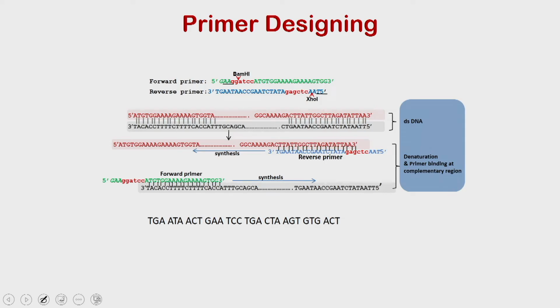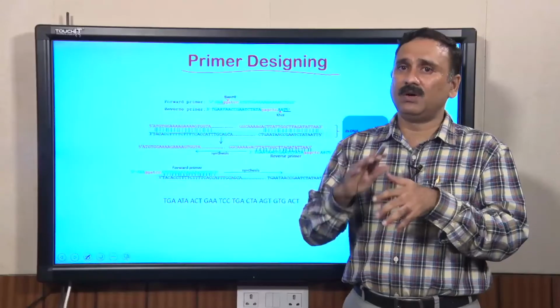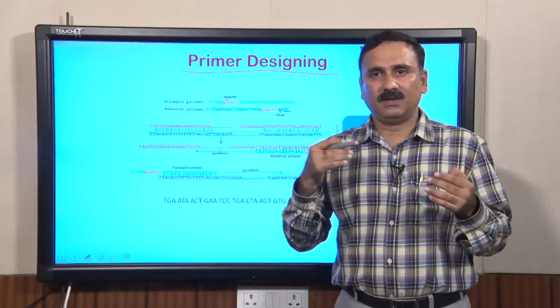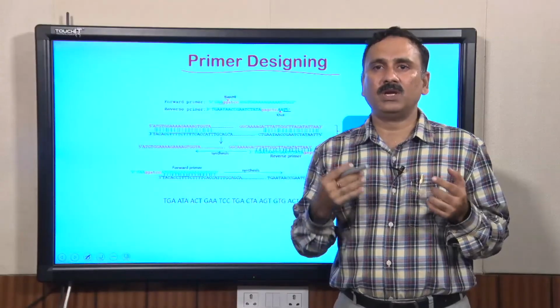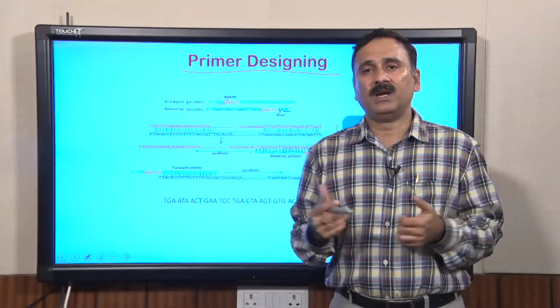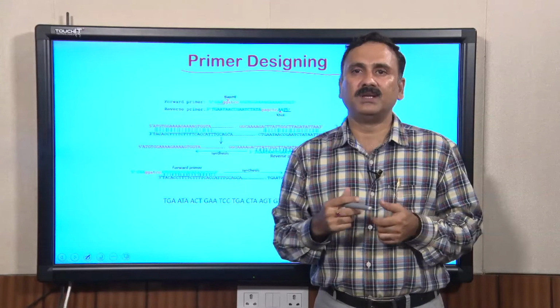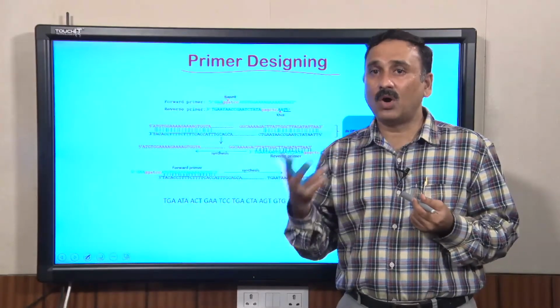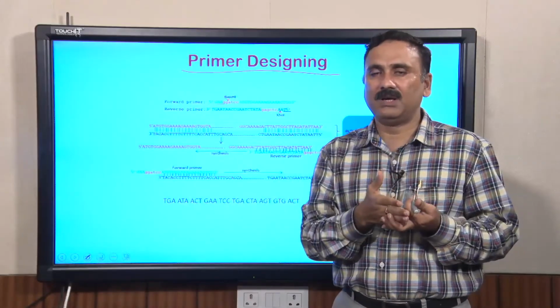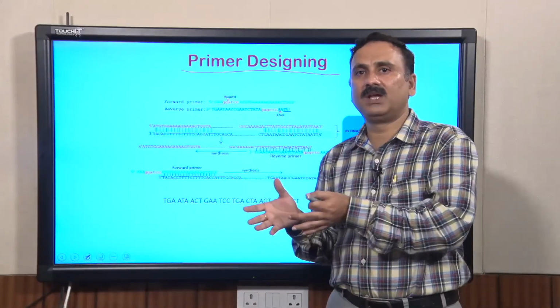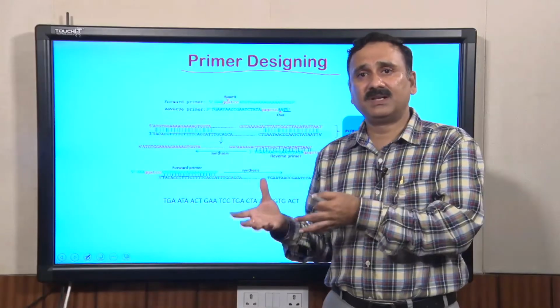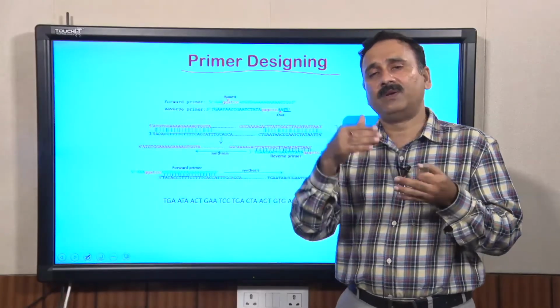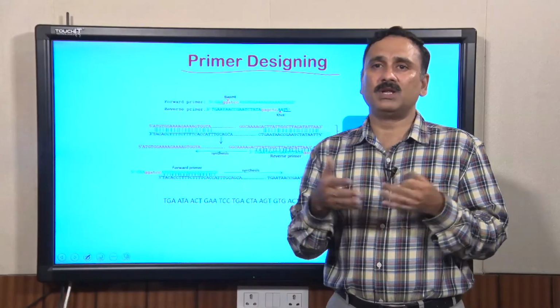We have also discussed how to design the primers, whether it is the forward primer or the reverse primer. We have also given you a demo of the different types of problems you are going to encounter, and how to validate the primer sequences, so that you will be able to understand whether you have designed a better primer or not. For example, you can see whether loop formation is there or not, whether different types of secondary structures are forming or not, or whether primer dimer is forming or not, and so on.